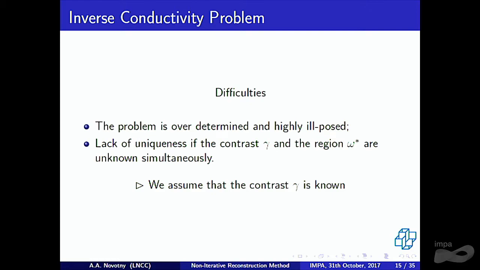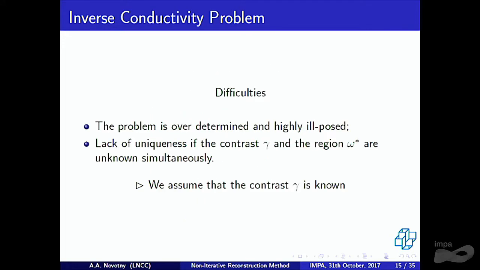Okay? So of course, this is the most difficult version of the problem. For example, if you know omega star and we want to find gamma, this is a parametric problem. It seems to be trivial. However, if we know gamma and we have to find the topology of the geometric support of the anomaly, it's a big deal. Okay, it's quite a difficult problem.